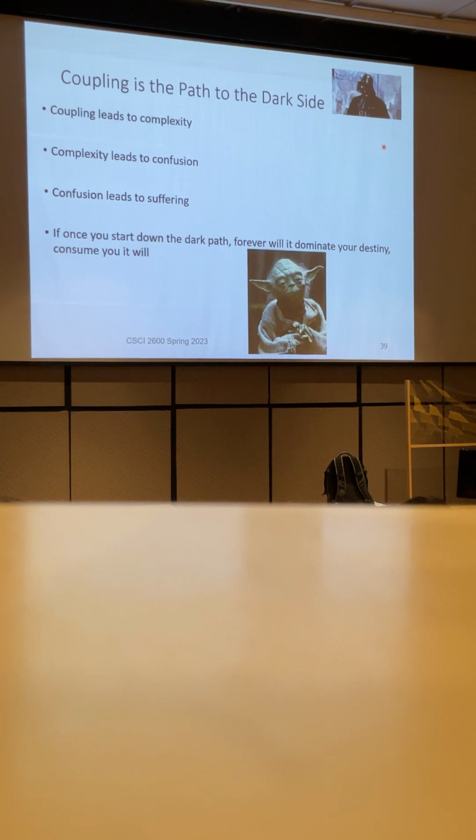So yeah, coupling is bad. Coupling is complexity, and we know why complexity is bad, because complexity is causing cognitive overload. So we want less complexity, and that's why we try to reduce the number of dependencies.